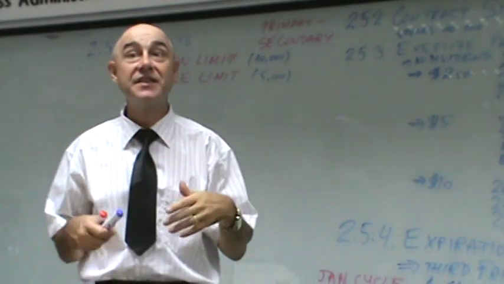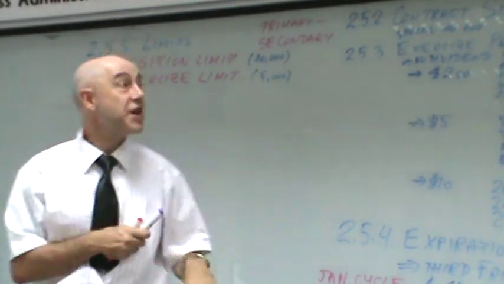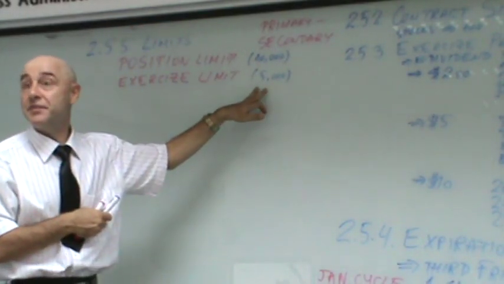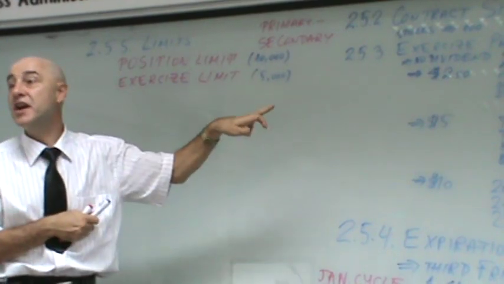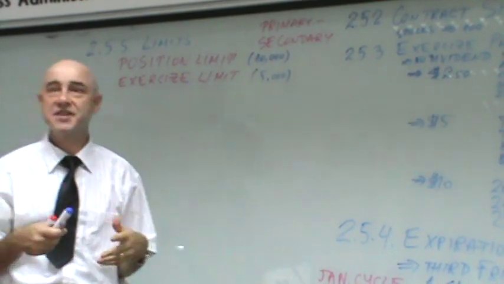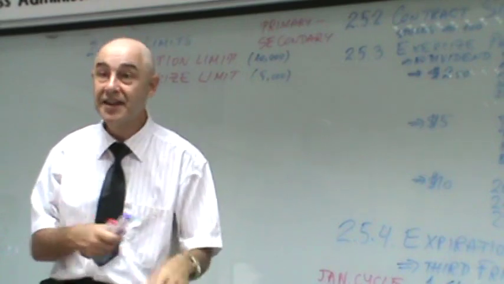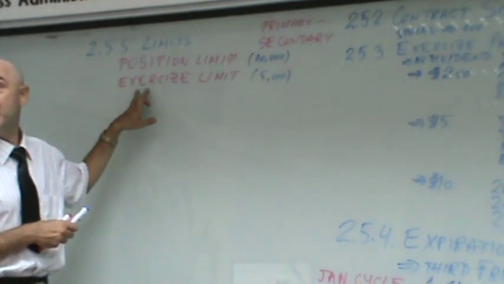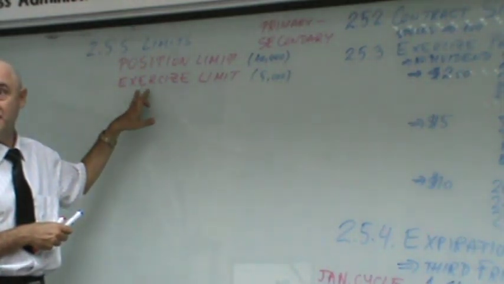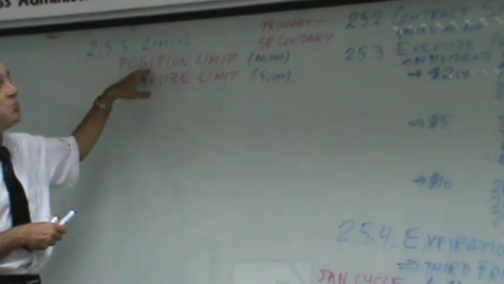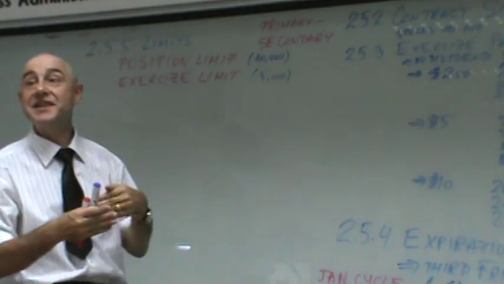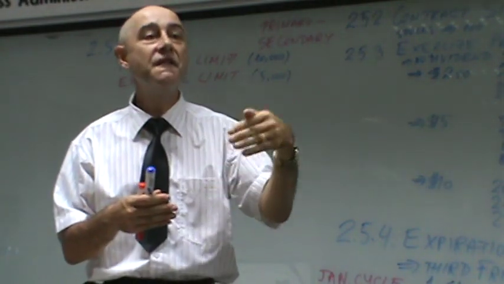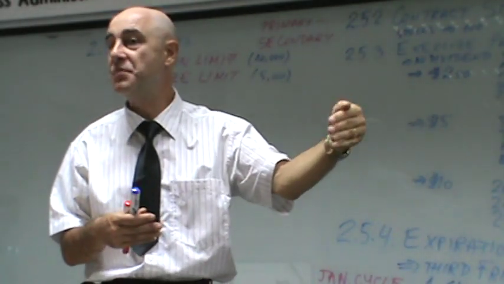If you have 10,000 contracts, you can exercise at most 5,000 this week and at most 5,000 next week. You can't exercise 7,000 or 8,000 or 9,000, because that's more than the exercise limit. If you have more than the exercise limit, you have to spread it over consecutive business days.